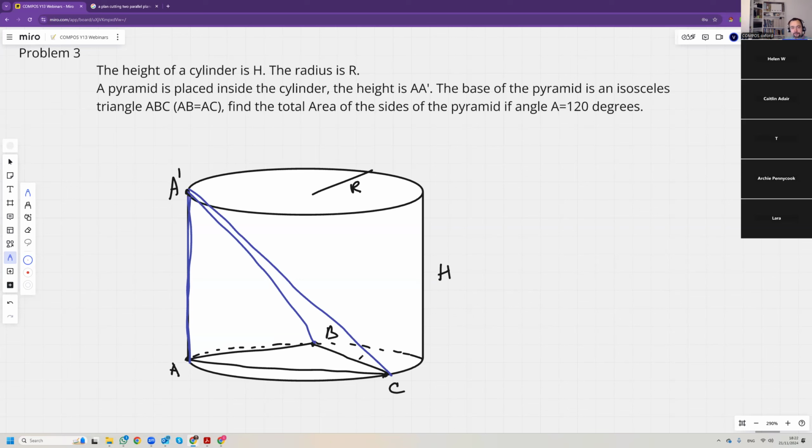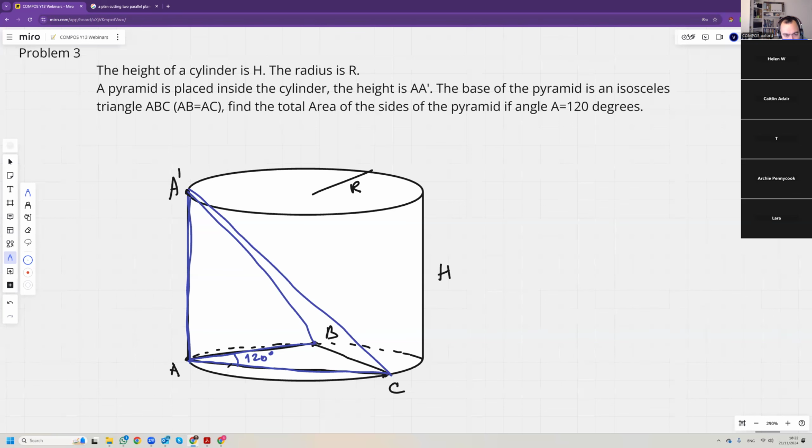Find the total area of the sides of the pyramid, if the angle A is 120 degrees. So that's 120 degrees. Find the total area of the sides of the pyramid.